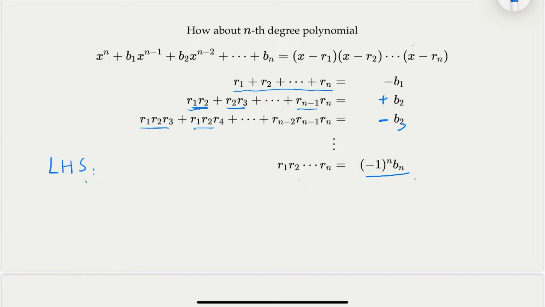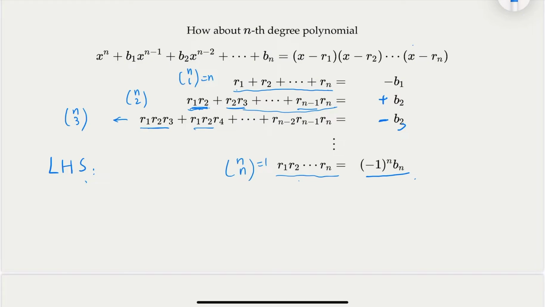So how many terms are here? In here, there must be n choose 3 terms, and here there must be n choose 2 terms. Here is n choose 1 terms, which equals n. Here is pairwise, so it's going to be n choose 2. And similarly, here there's only 1 term because it's n choose n, which is 1.